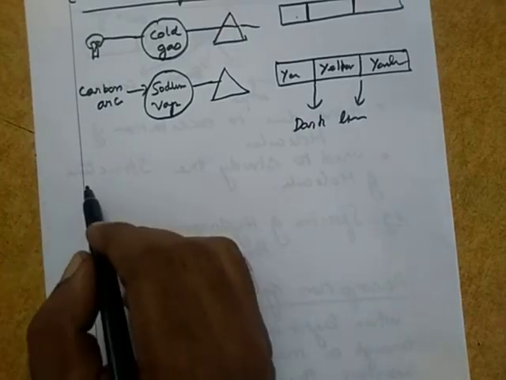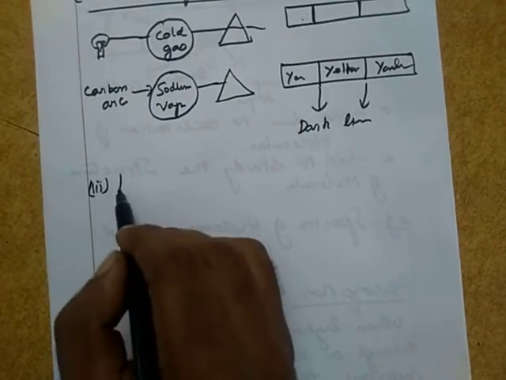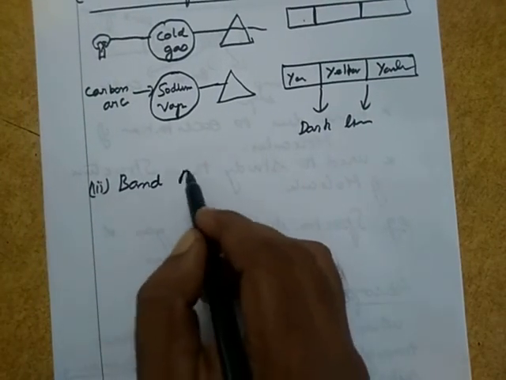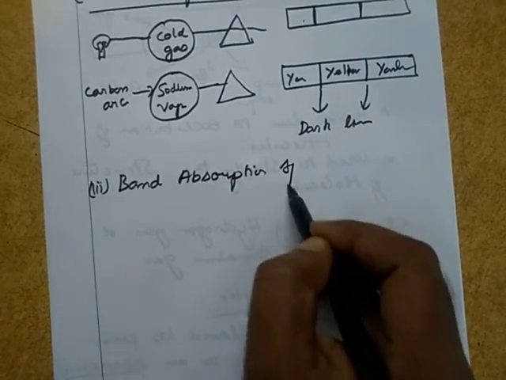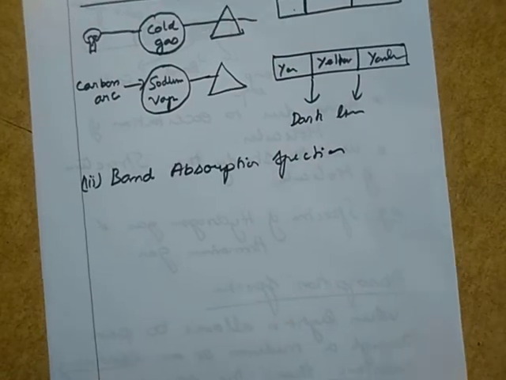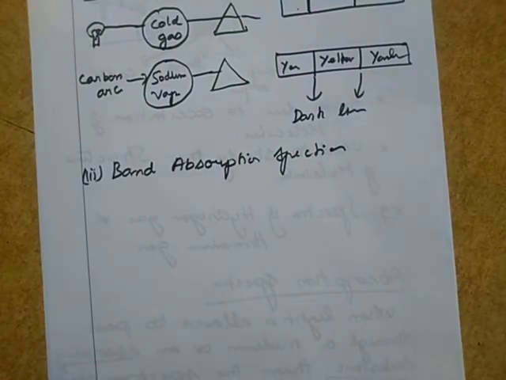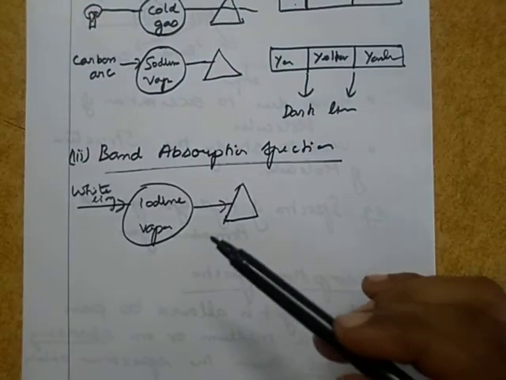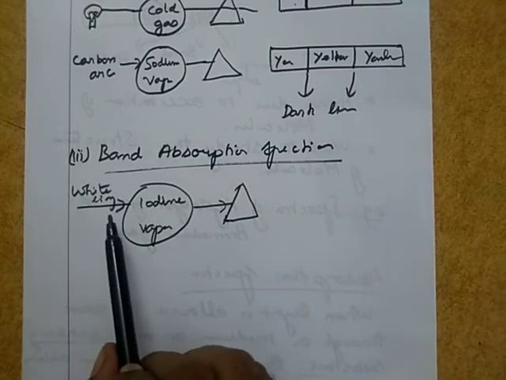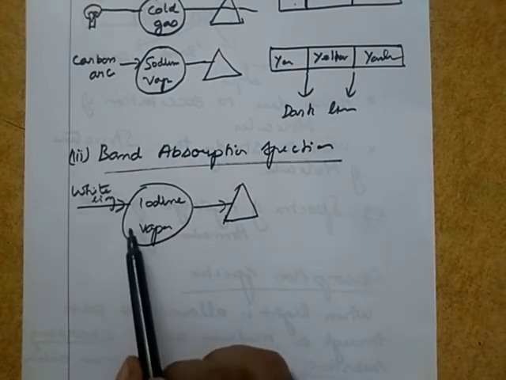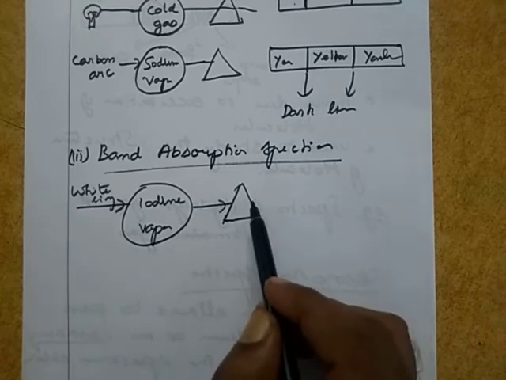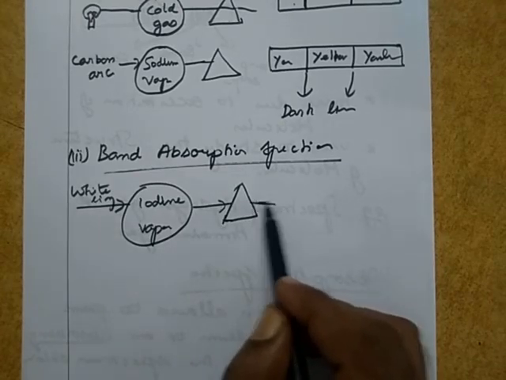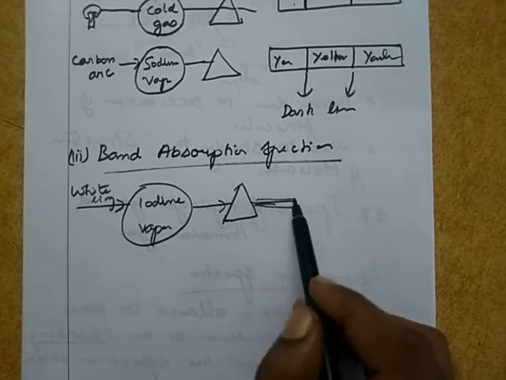Then the next one is band absorption spectra. In band absorption spectra, white light is allowed to pass through an absorbing substance, that is iodine vapor. Then the spectrum obtained from the prism is a band absorption spectra.